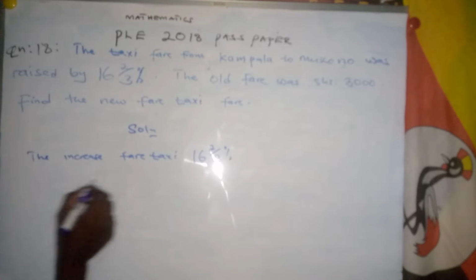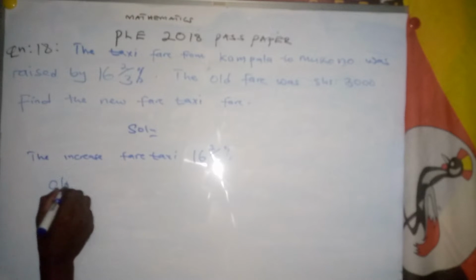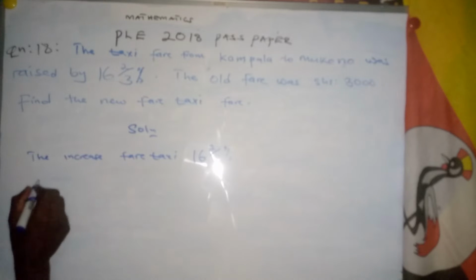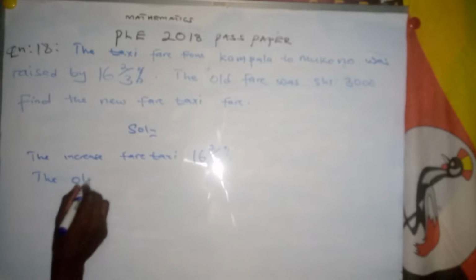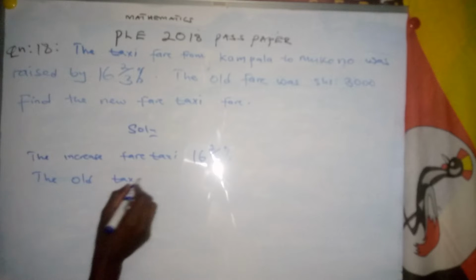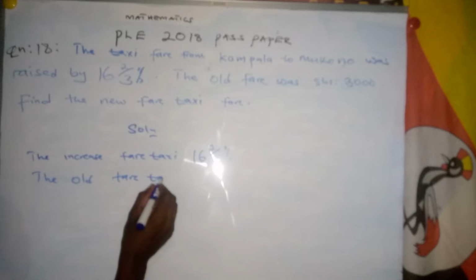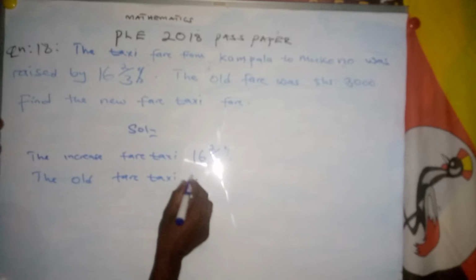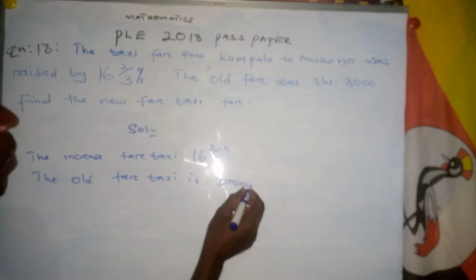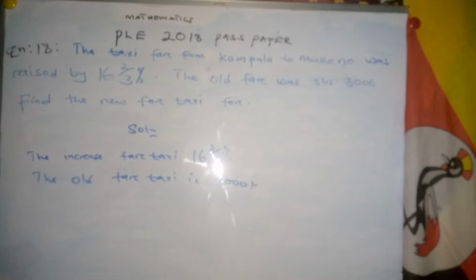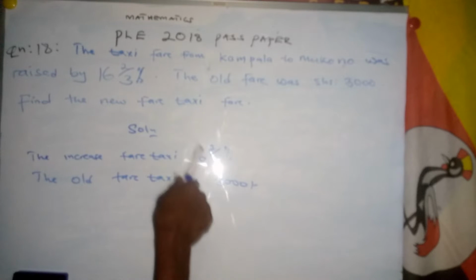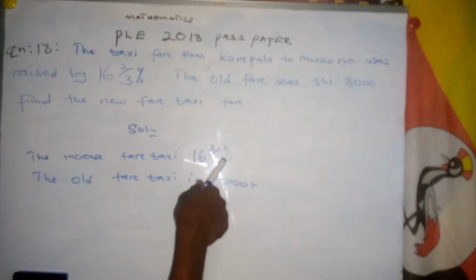The old money was 3,000 shillings. So the increased fare is 16 and 2 out of 3% of the old taxi fare, 3,000 shillings. Here we are talking about the increase in the transport money, because this money was increased by 16 and 2 out of 3%.